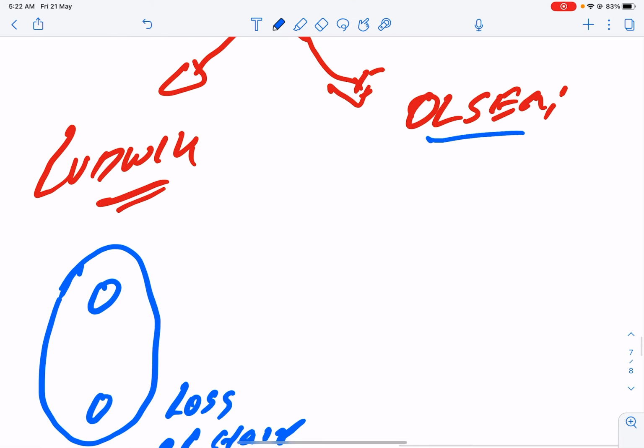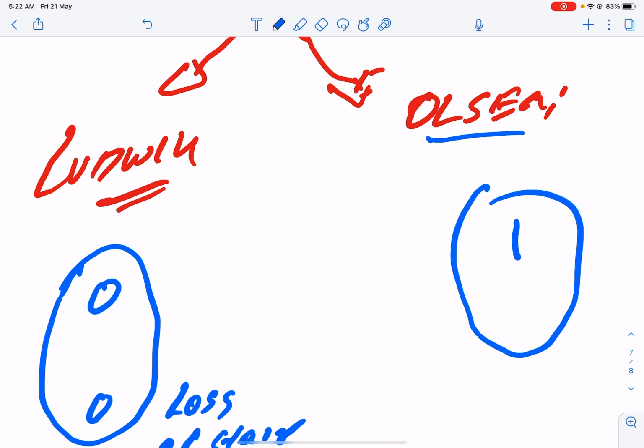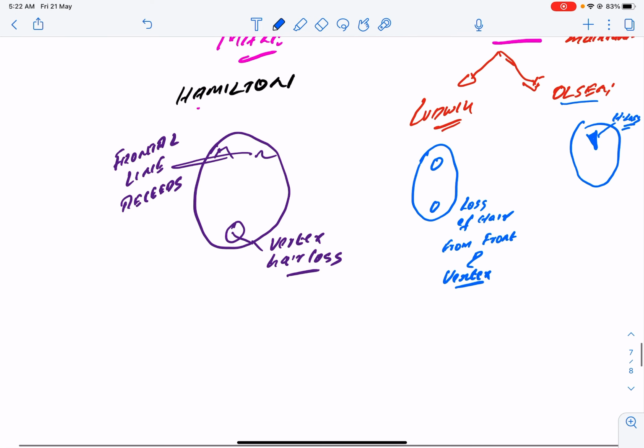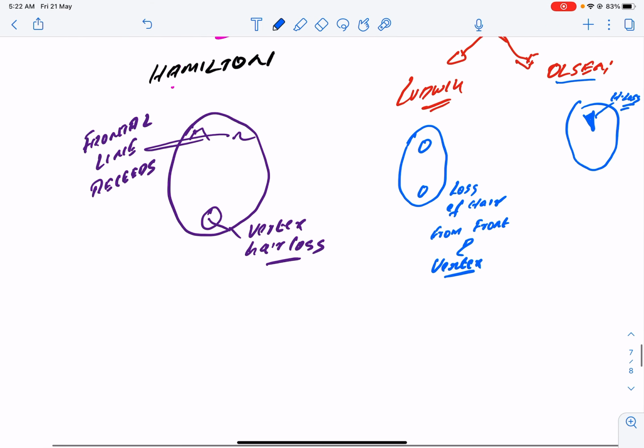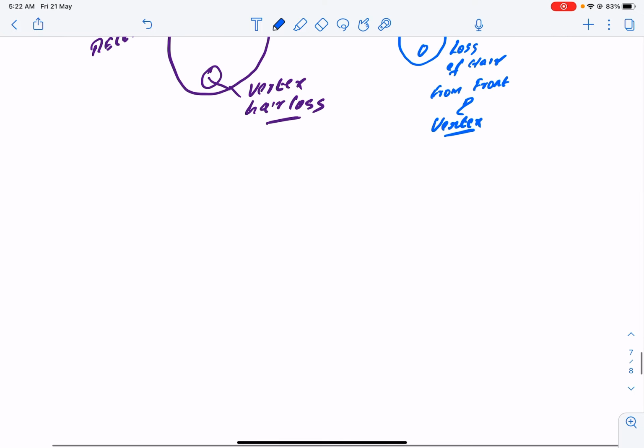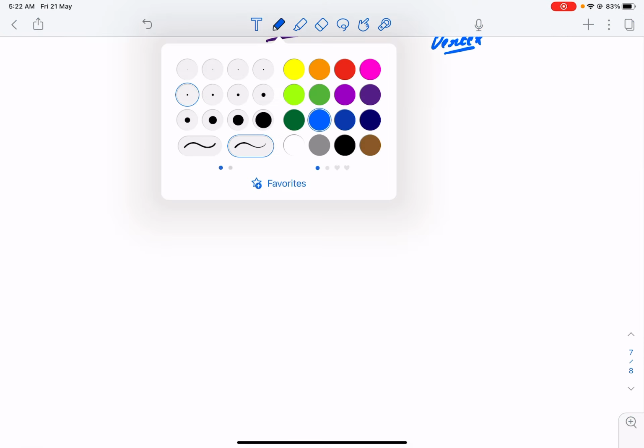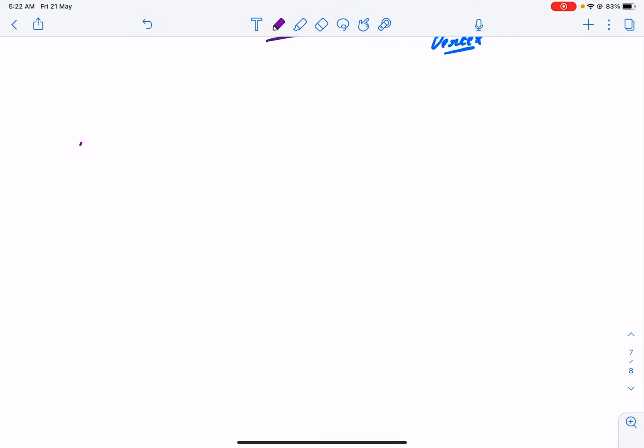Olsen is similar; from the front they will have patchy hair loss like this. It is called Olsen type. So these are the patterns of hair loss seen with what? Both males and females.